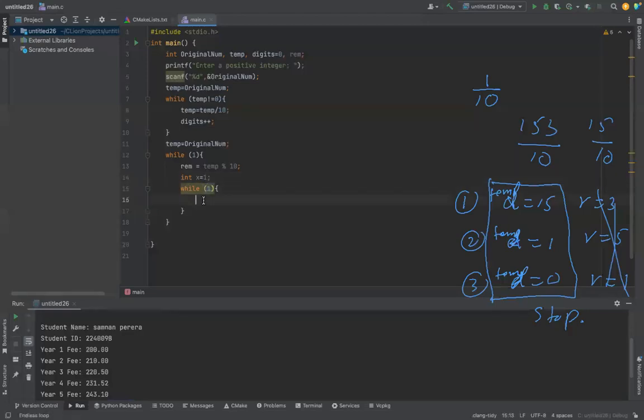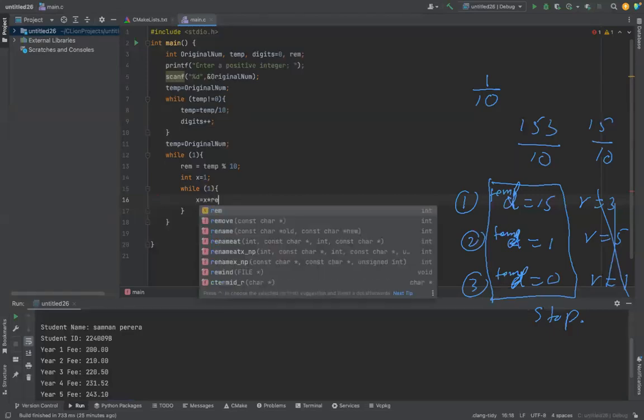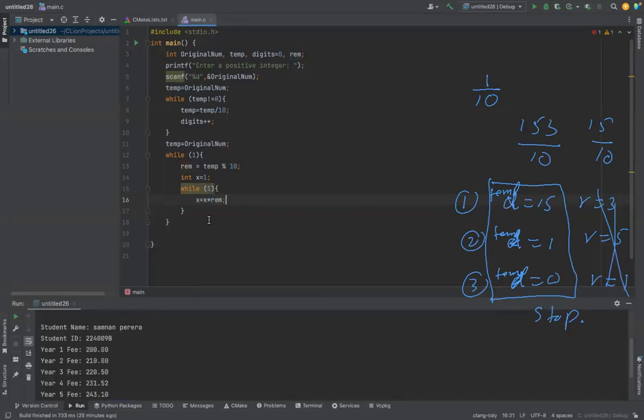Then x equals existing x multiplied by the remaining value. Initially it is 1, 1 into the remaining value 3. Now x is 3.